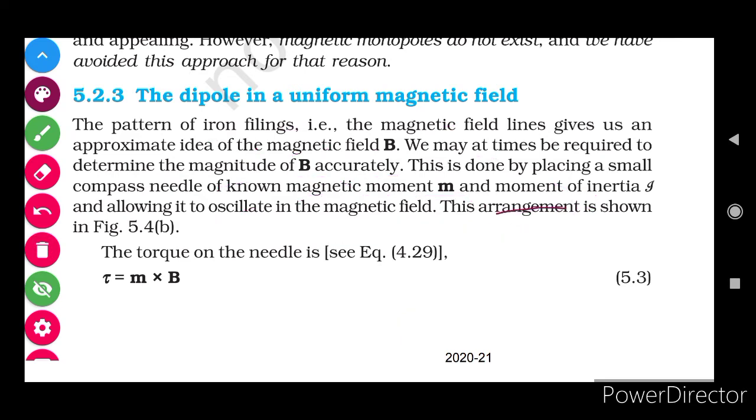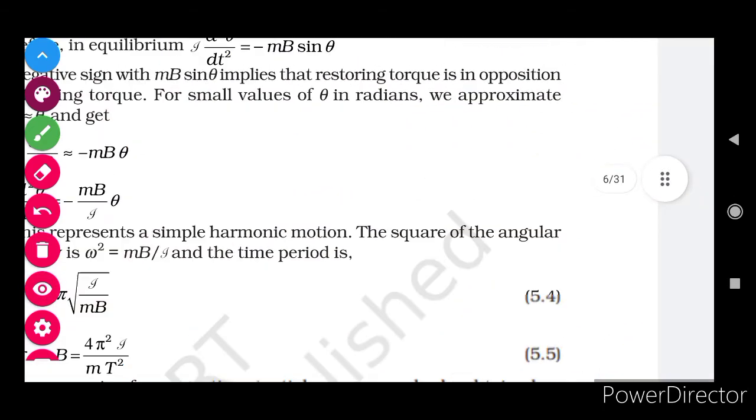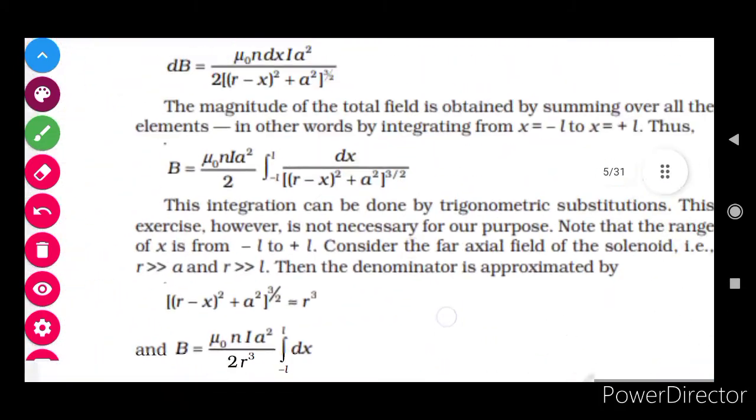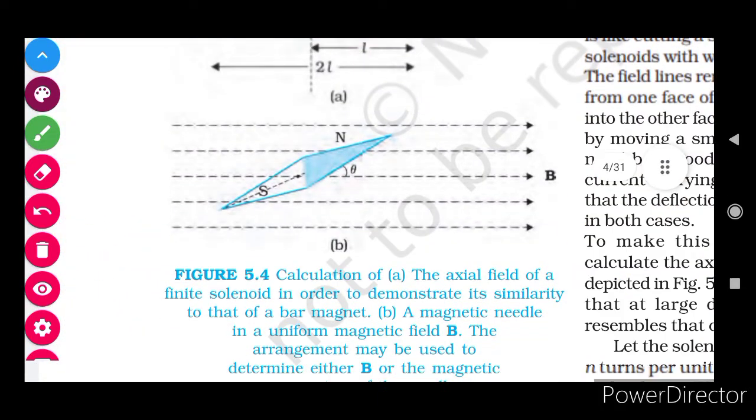This arrangement is shown in figure 5.4b. You see there is a magnetic compass kept in a magnetic field, and we have let it oscillate freely in this magnetic field.